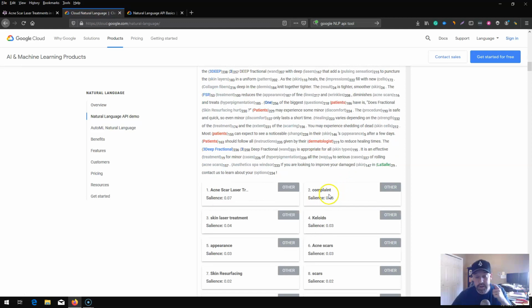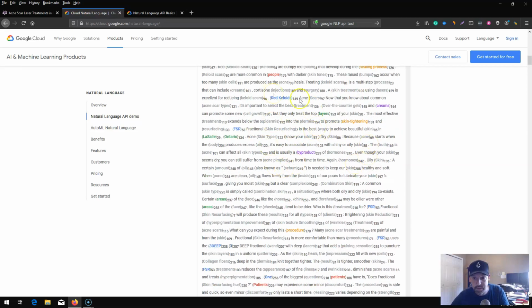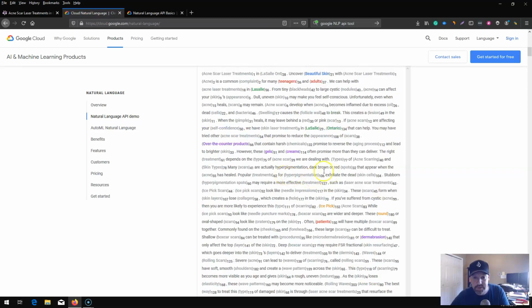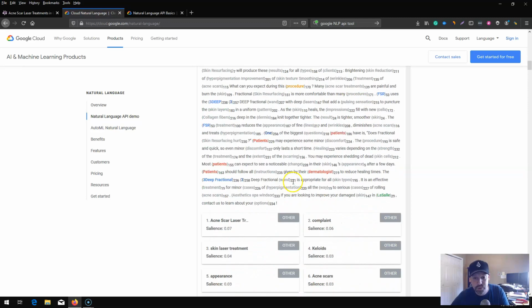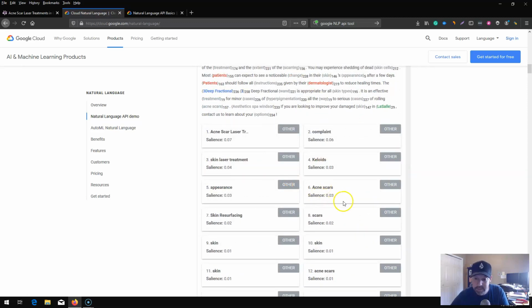If somebody is complaining about acne scars, that is highly relevant to our overall acne treatment laser service. If that makes sense, I think it does. And you can go through each one of these, as far as the entity itself and how strong the salience level is to your particular topic.